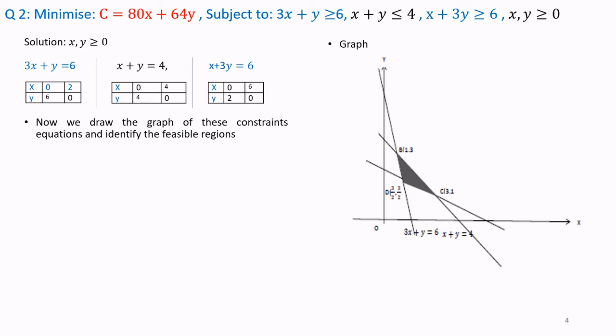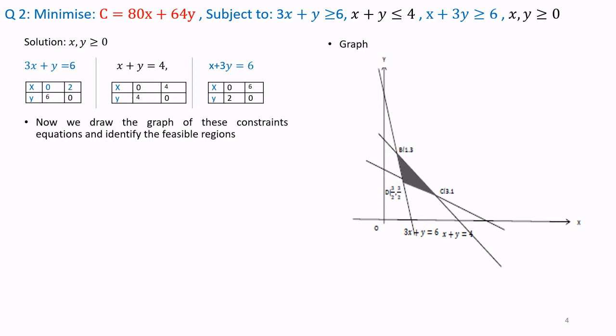For that purpose, you have to examine the given constraint equations. You see the third equation: x plus 3y should be greater than or equal to 6. So the upper portion of this line is greater than or equal to 6. So this is the feasible region.